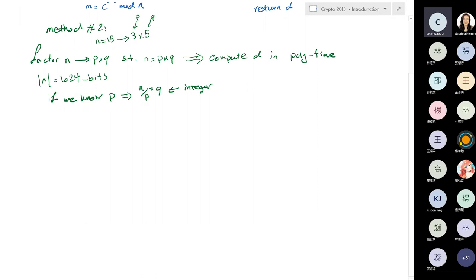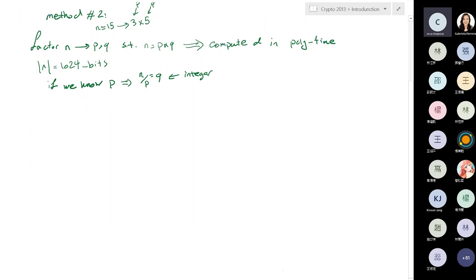So one of the ways I can do it is to divide n by all the small primes that I know. So I start with 2, 3, 5, 7, 11, 13, and all the way to, let's say, the prime numbers up to the square root of n, and all the way to all the prime numbers up to n.